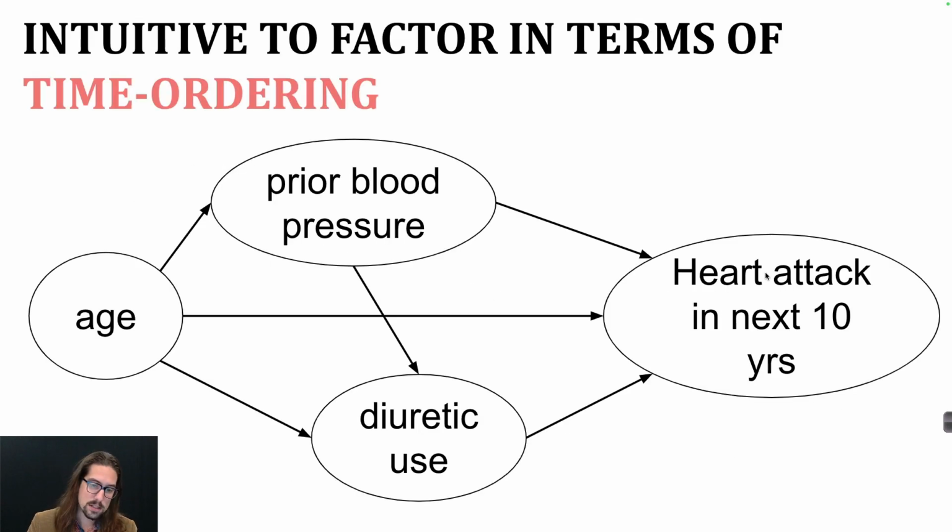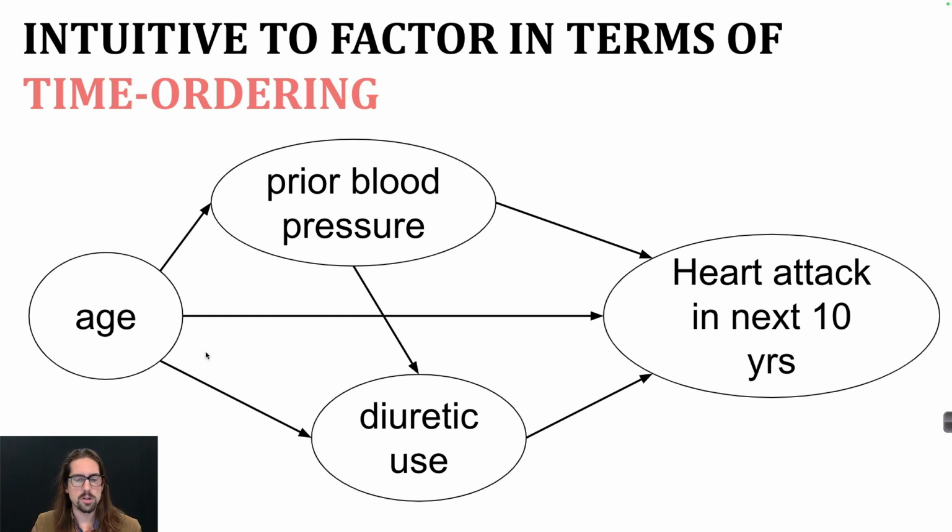You can also organize this in terms of time, which is helpful. The first thing that happens is somebody is a particular age. That might be contemporary with whatever their blood pressure is at that age, but you could still imagine some kind of dependence there, or you would want age to determine blood pressure.